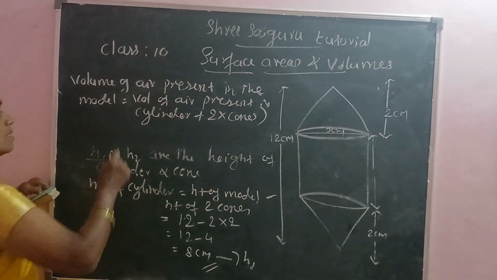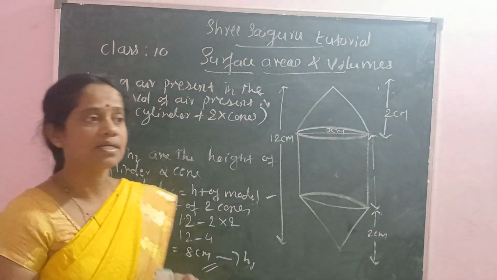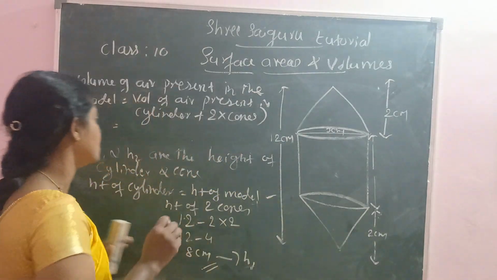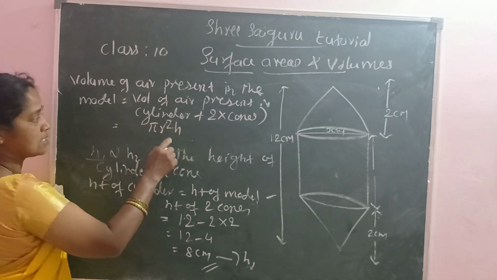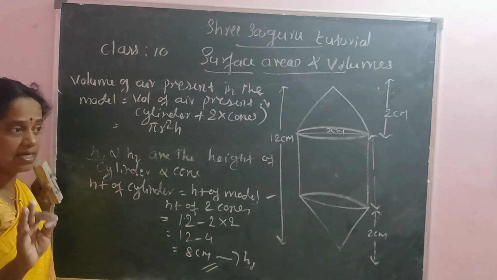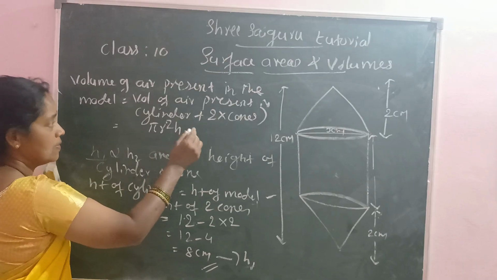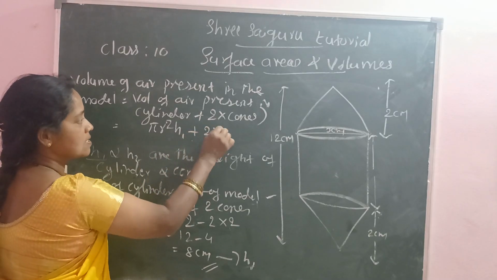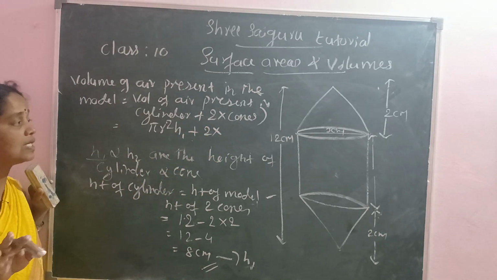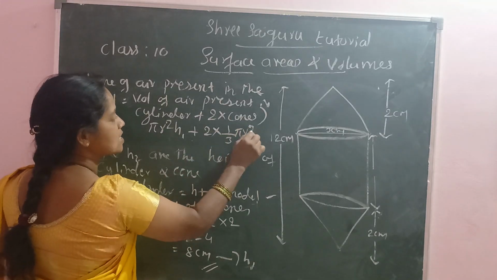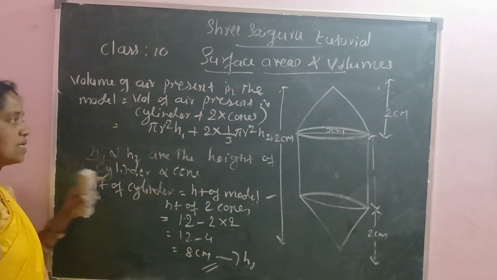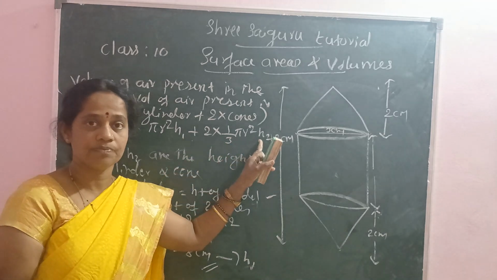Then what is the volume of the cylinder? The volume of the cylinder is pi r square h, but here the height of the cylinder I have taken as h1. And for the two cones, the volume is 1 by 3 pi r square h2, where the height of the cone is h2.